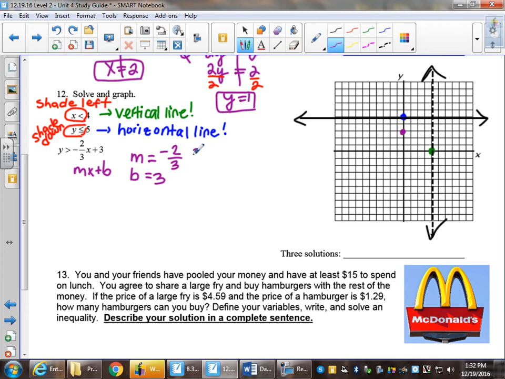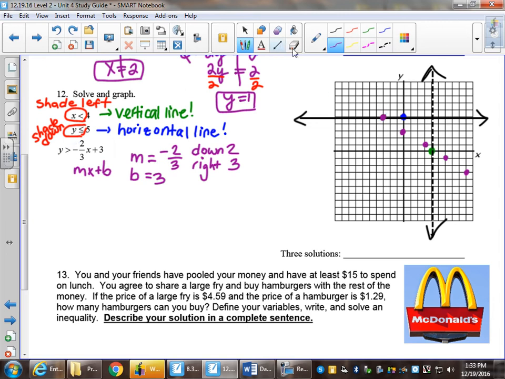As a set of directions, this means count down 2, right 3. So let's do that. From the y-intercept, down 1, 2, right 1, 2, 3. Down 1, 2, right 1, 2, 3. Or from the y-intercept, you could count up to 1, 2, 3.